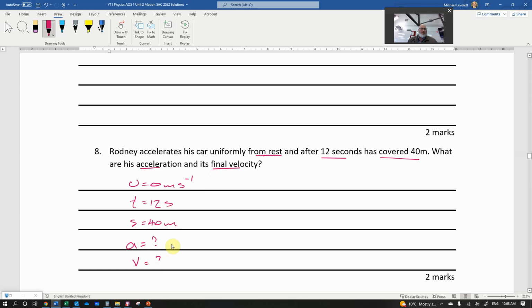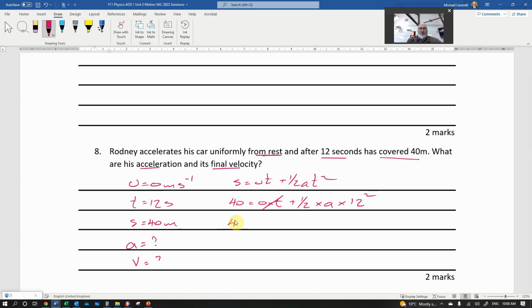Okay, so looking at this, what can we do? S equals ut plus a half at squared. So S is 40, 0 times by time, so that'll cancel out, plus a half times by acceleration times by 12 squared. So that's gone.